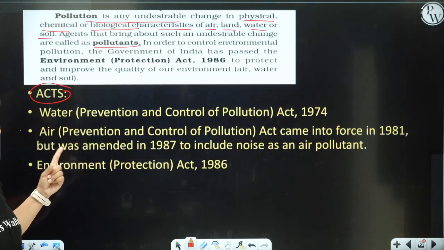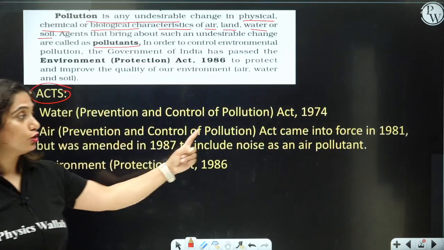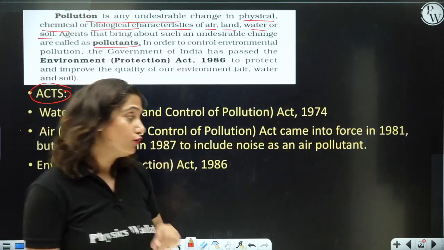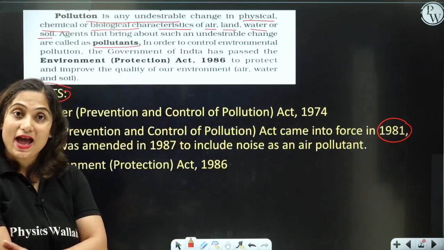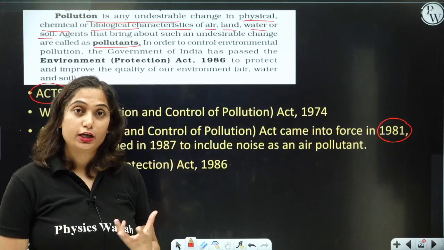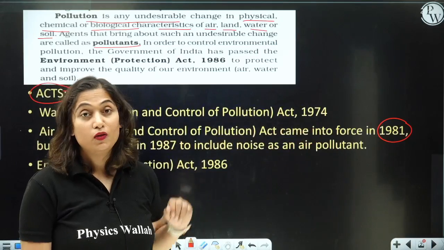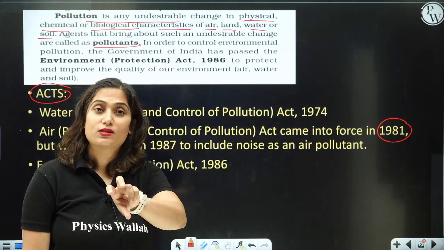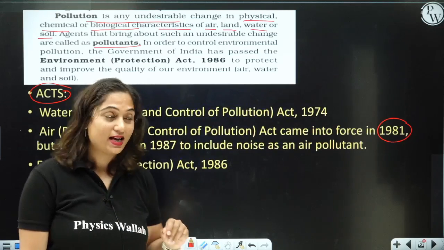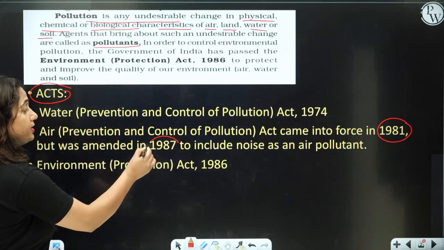Then the second act, Air Prevention and Control of Pollution, came into force in 1981. That means this act, which was for the control of air pollution, came in the year 1981, but there was some modification done in this act in the year 1987.